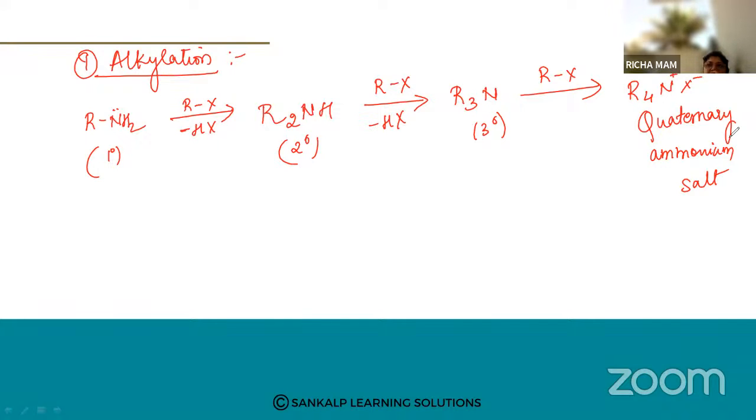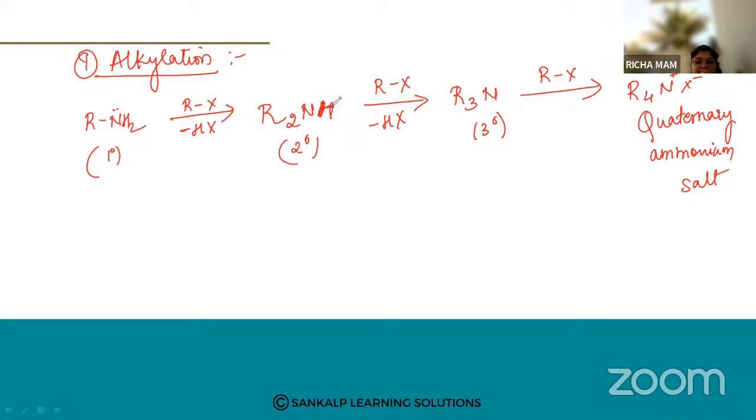After supplying one mole of alkyl halide at each step, hydrogen replacement takes place and an alkyl group is attached. So this is about alkylation.